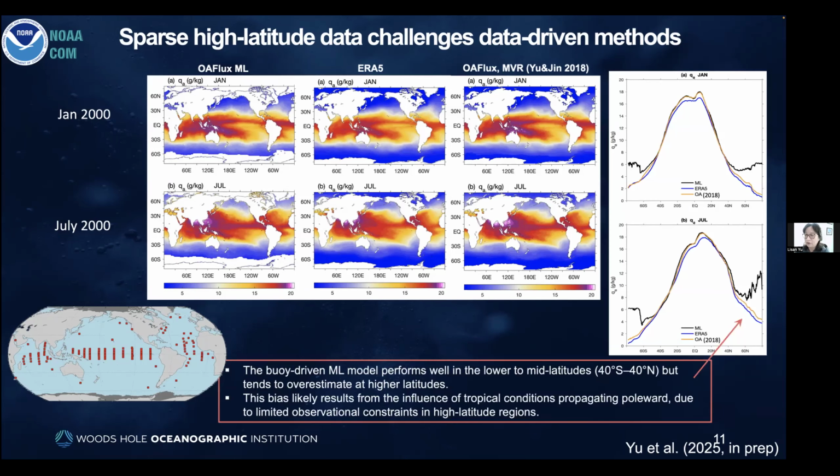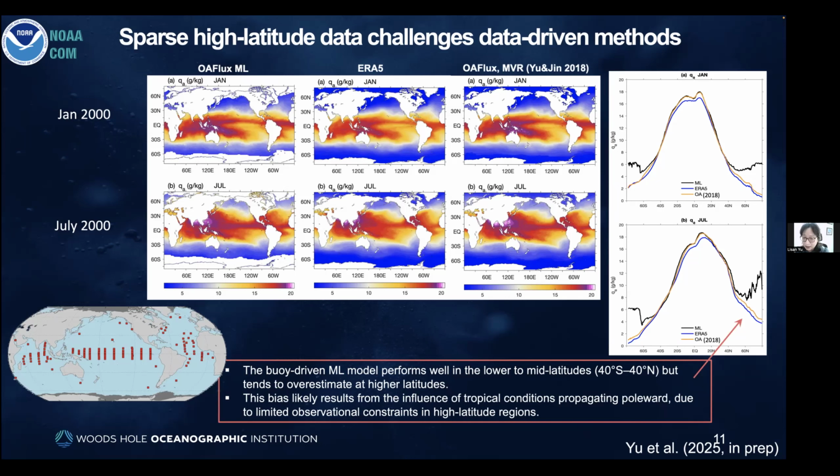However, if you do the zonal average, you can see the differences between the algorithms are in the tropical region. And that is because the model is trained by the tropical buoys. So it does pretty well in the tropical region and retrieves those nonlinearities. Everything is doing great.